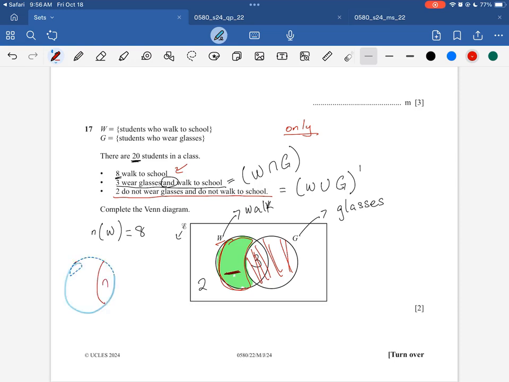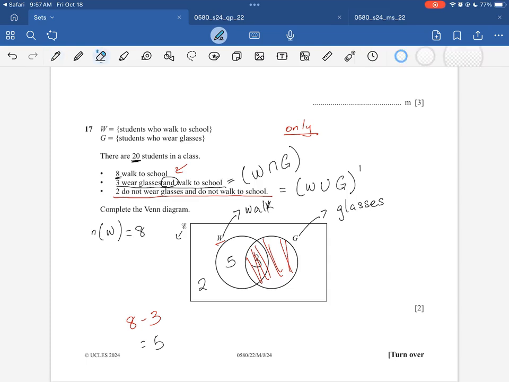This big circle is the total. So you're looking for only, and we don't know what that is. We know that the total is 8, and we know that the intersection is 3. 8 minus 3 is 5. Which means that only, in this portion here, is 5.